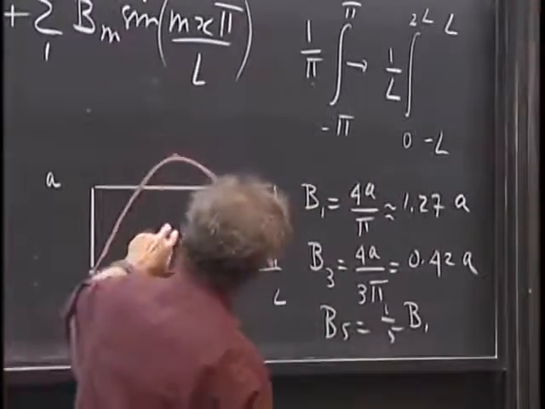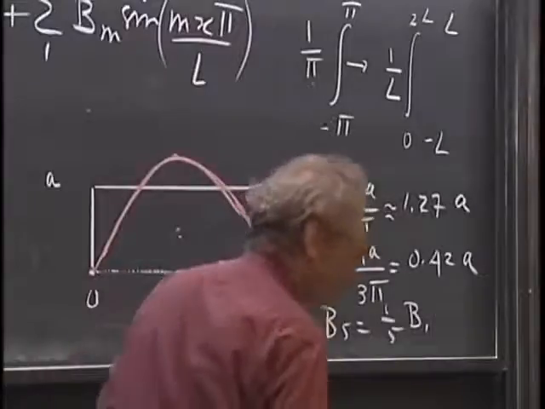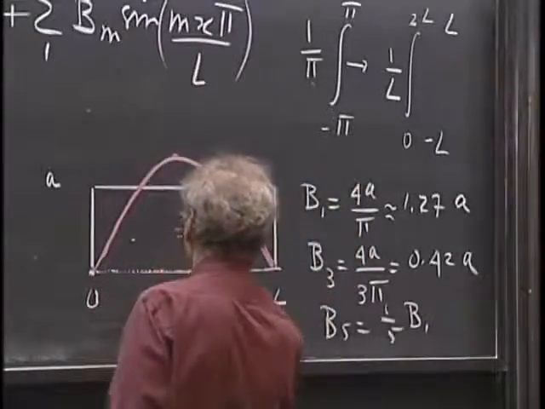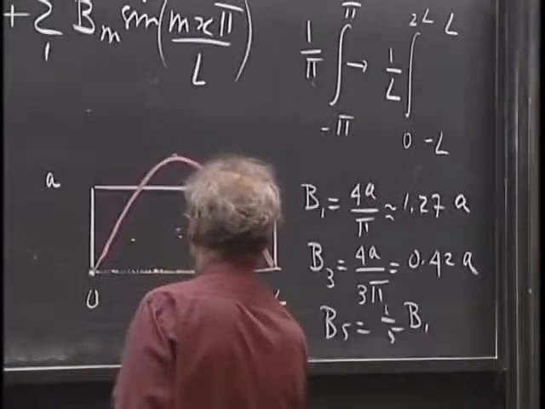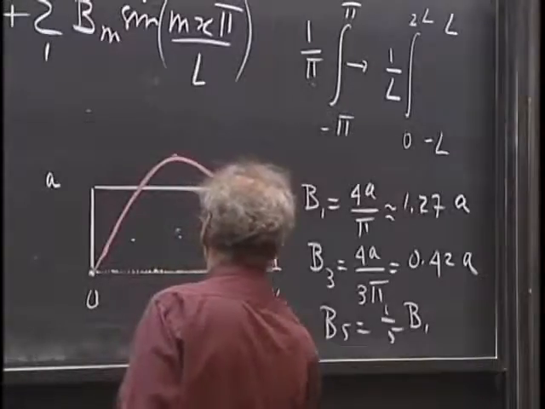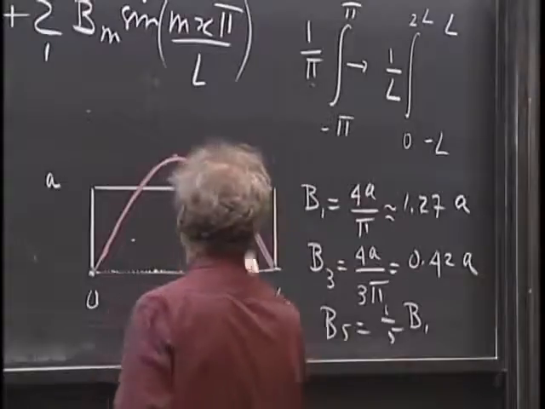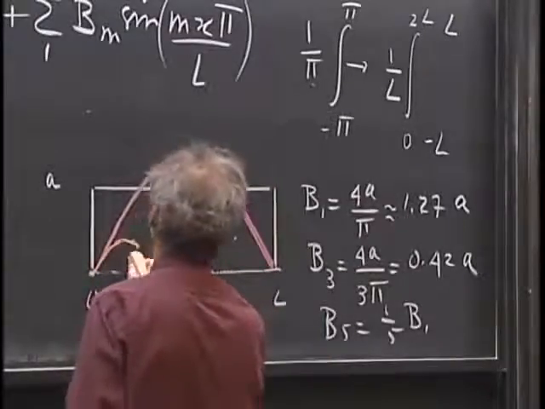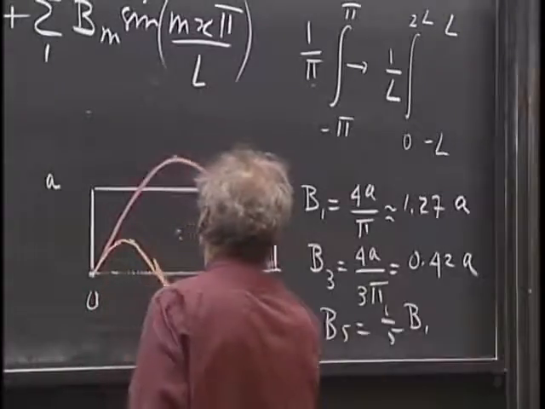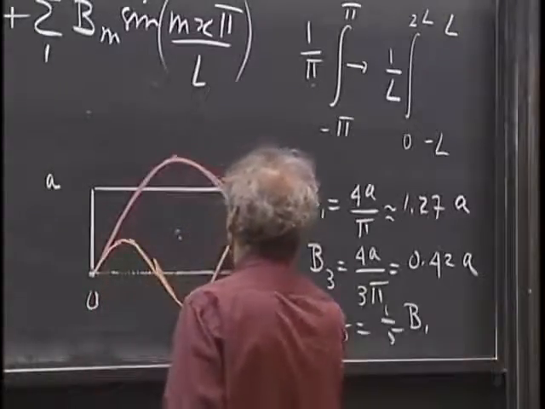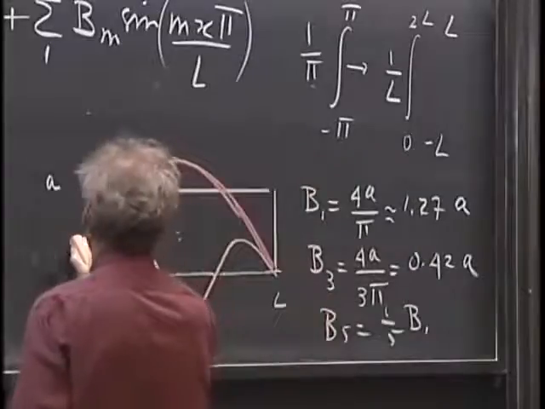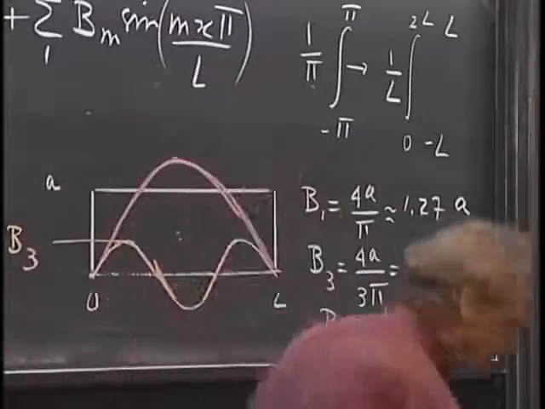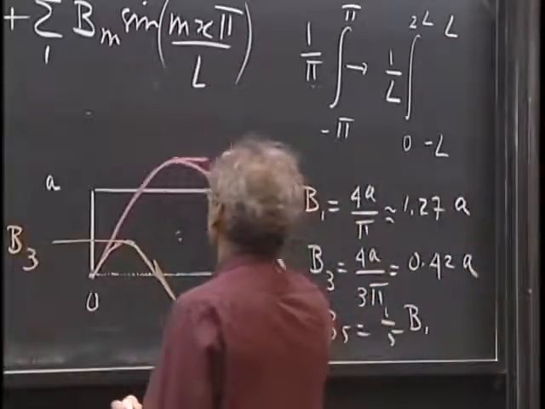That's about the height, 0.4, a little lower. And so here we have the maximum, and then we have a 0 here, we have a 0 here, and so we have here, and then we go through this point. So the curve is something like this. So this now is B3, and this is B1.